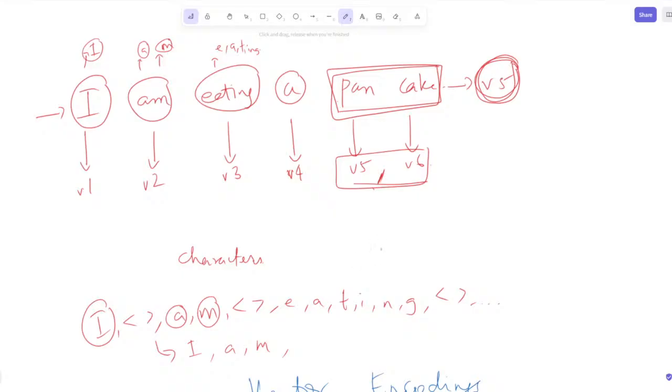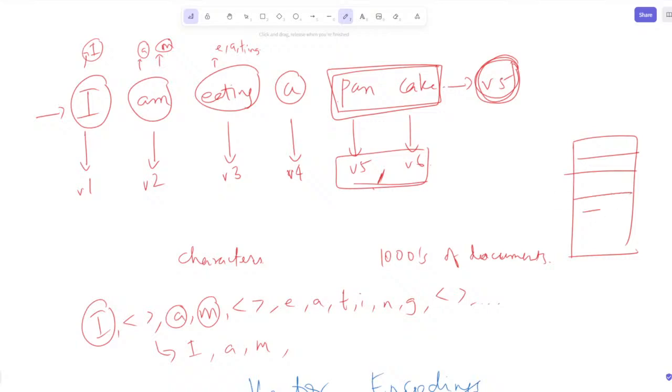If I go through thousands of documents, I will see that A and M occur very frequently. So I'll maintain a dictionary of characters which occur frequently. A and M occur 50,000 times together.